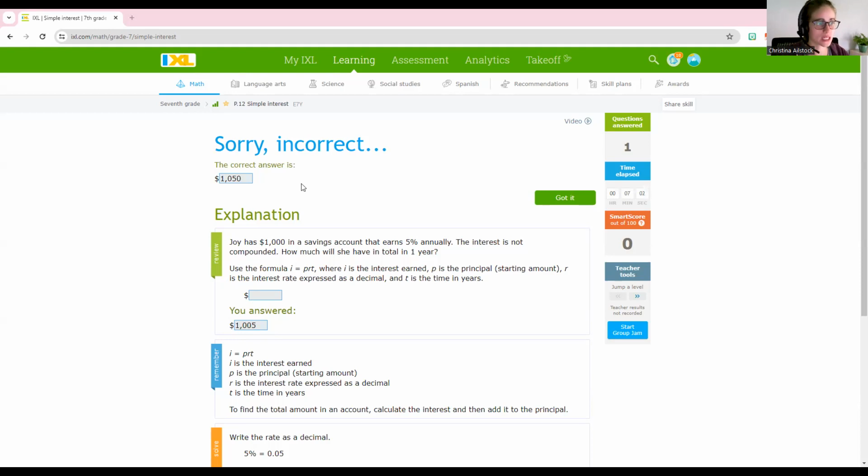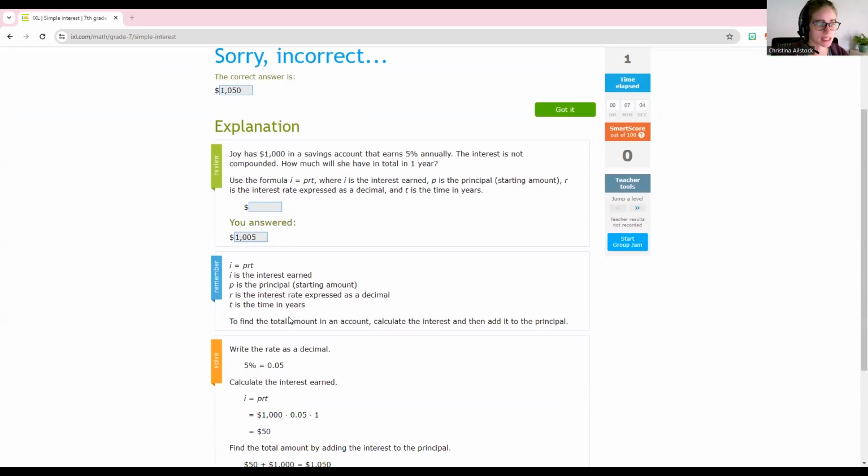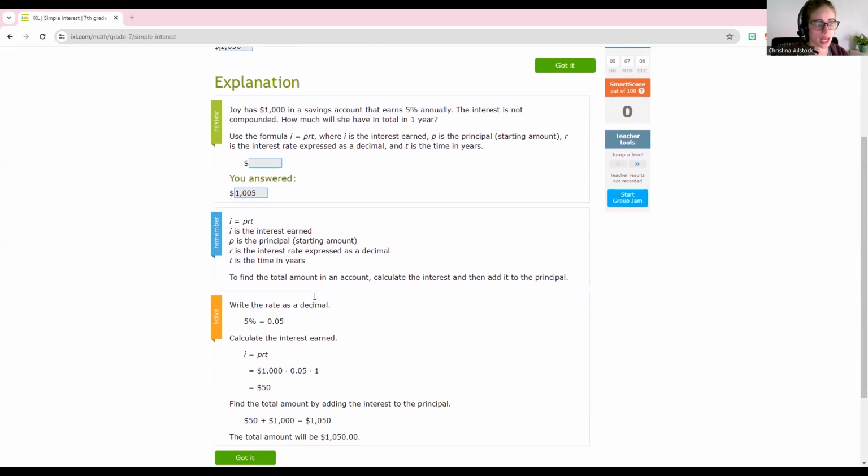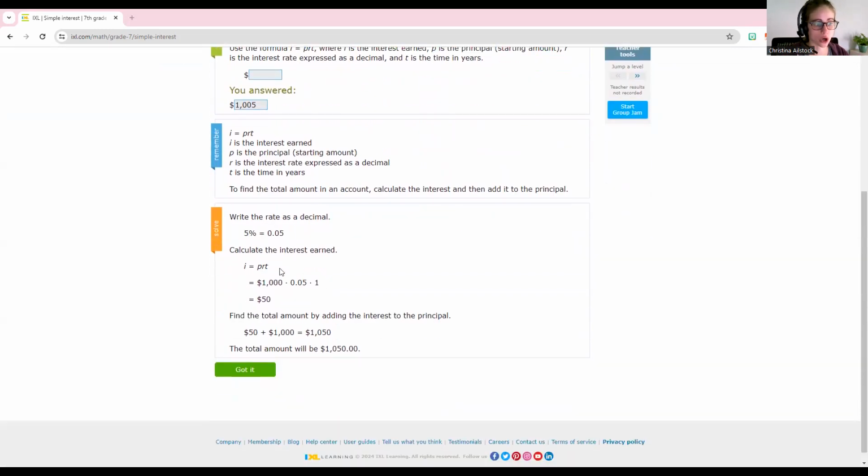But the beauty of this is that when you get something wrong on IXL, it does a great job of showing you the correct answer and what you answered. And then down at the bottom, it solves it for you. So we can see that if I had typed it in my calculator correctly, we should have gotten $50 instead of $5 and then added that in, and the total amount would be 1,050.